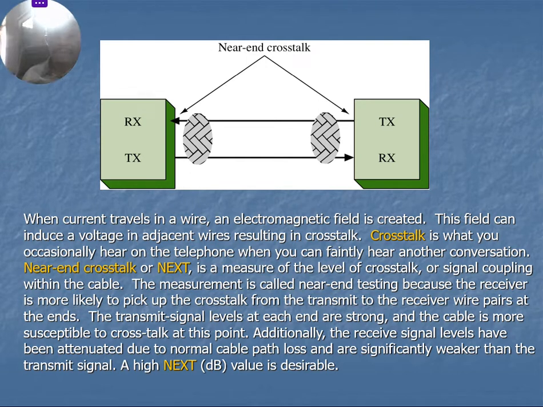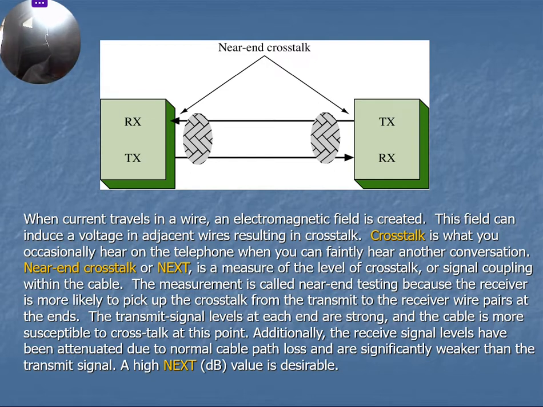Now quickly, whenever current travels in wire, an electromagnetic field is produced. This field can induce a voltage in an adjacent wire, resulting in crosstalk. You remember Faraday's law of electromagnetic induction. So this field will induce voltage in adjacent wires that are close to the wire.